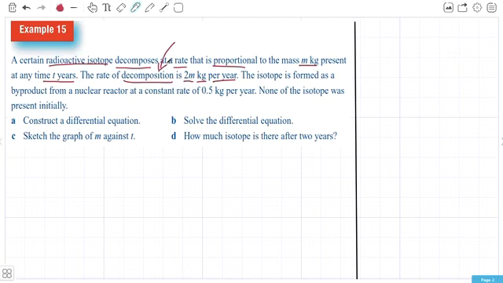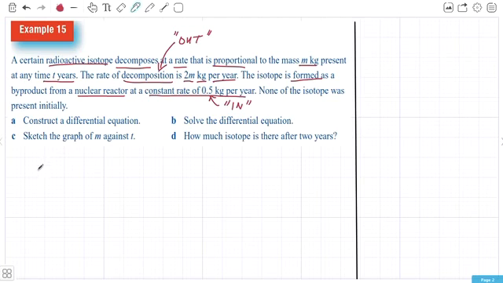So you could think of decomposition as the out part. The isotope is formed as a byproduct from a nuclear reactor at a constant rate of 0.5 kilograms per year. So you could think about this as being the amount in. So it's the amount of isotope you're getting minus the amount of isotope you're losing.